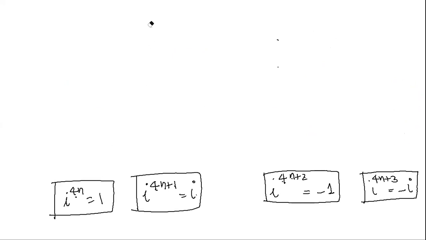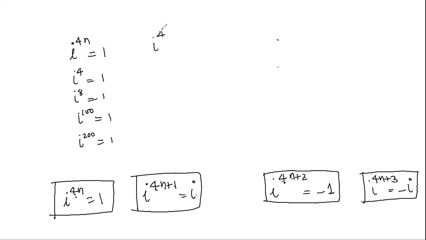So have you written i raised to 4n is 1? Below it, give an example: i raised to 4, i raised to 8, i raised to 100, i raised to 200. All of them are multiples of 4, so the answer is 1 each.